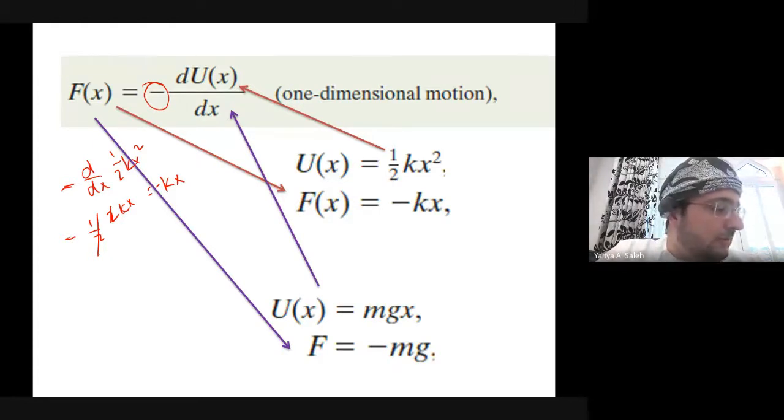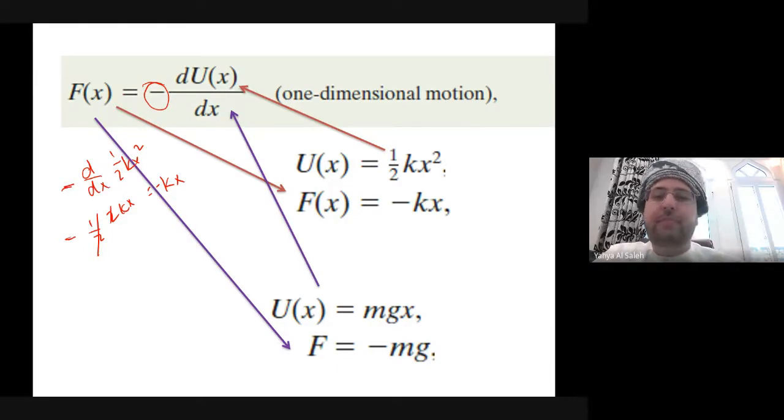Conservative means that going from point A to point B, your initial energy and final energy are position dependent. It doesn't depend on the path you take. So the definition of conservative force, as we did it in chapter 7 and chapter 8, is that the work is independent of path.